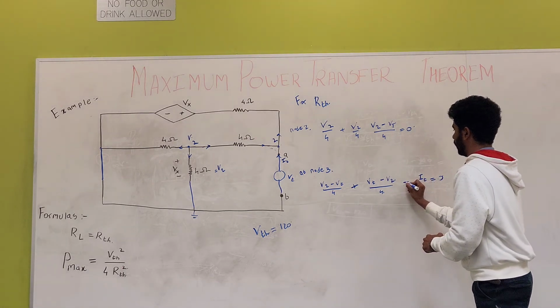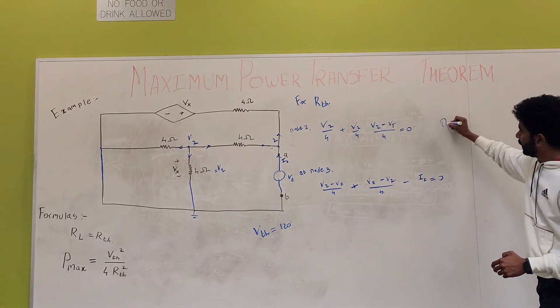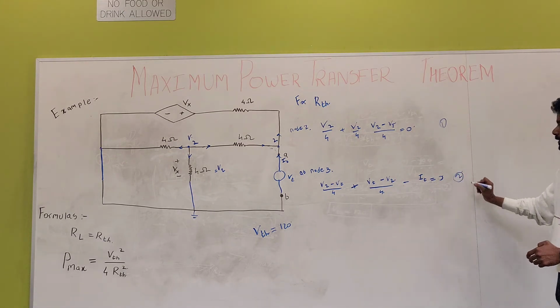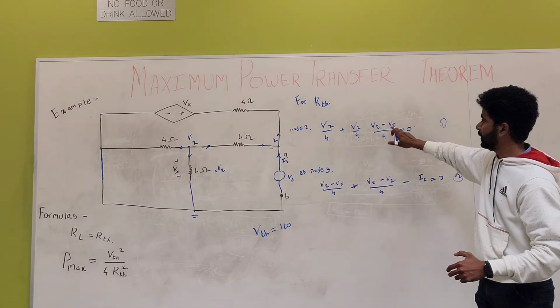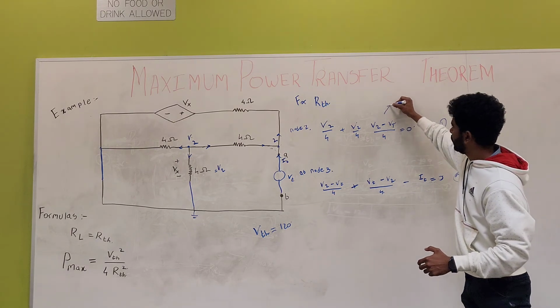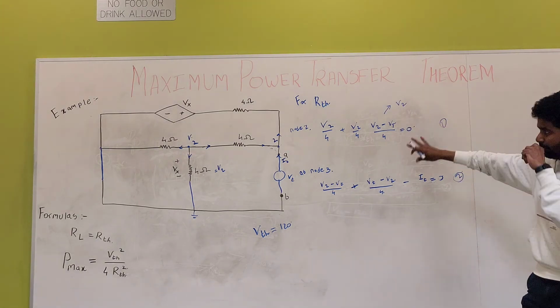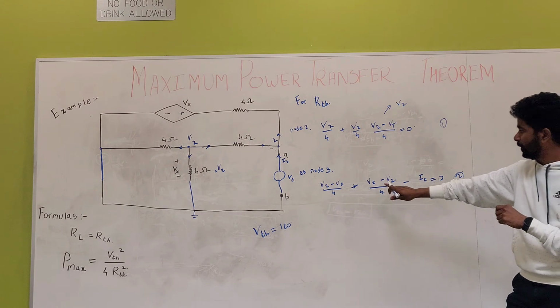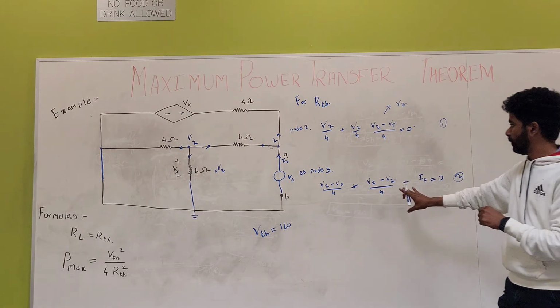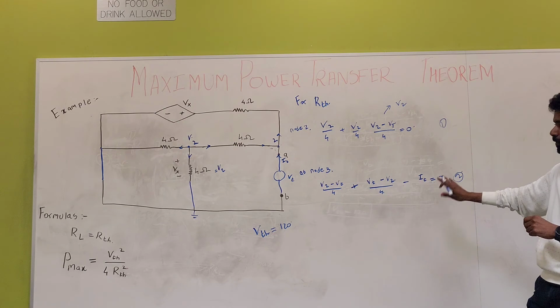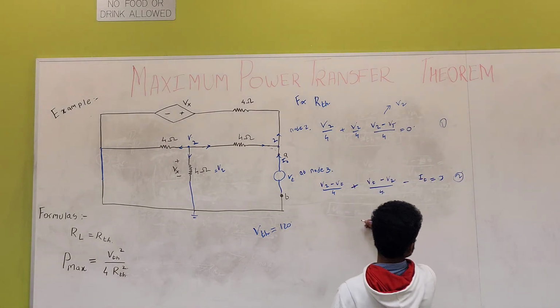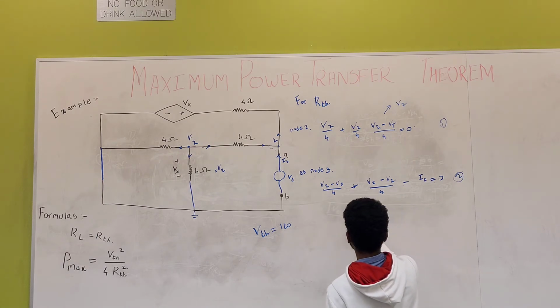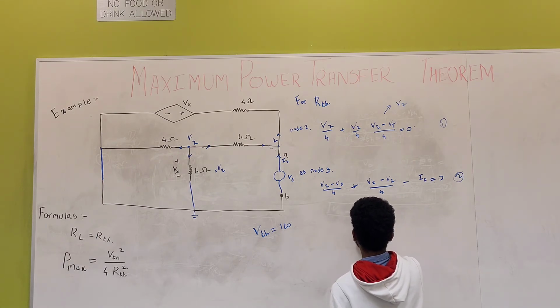Now using 1 and 2, I can get V2 in terms of VT from this equation. I'll put it over here to get an equation in the form of VT and It. That equation will look like VT upon It is equal to 3.